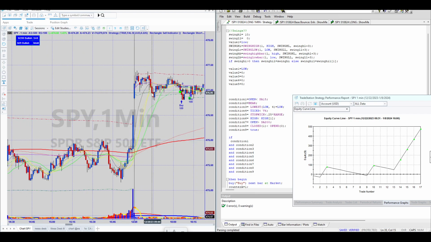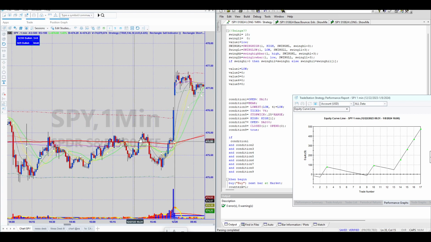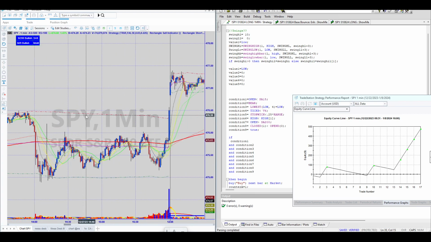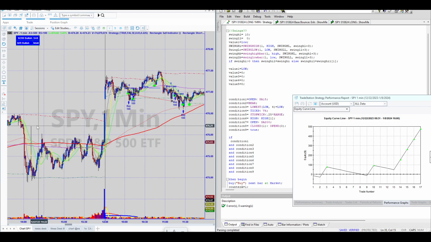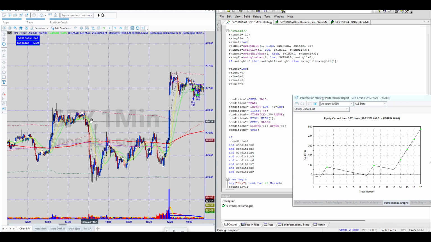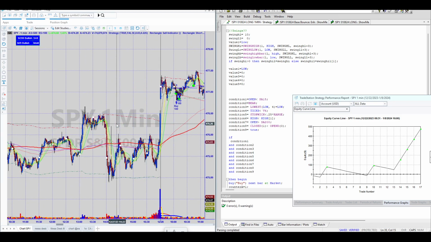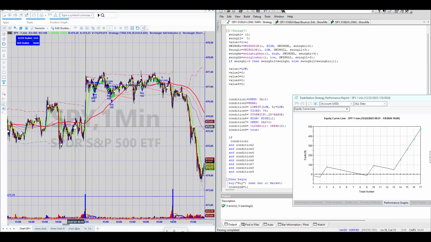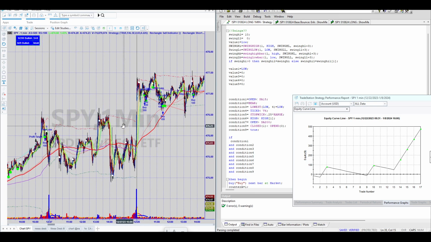I think most people would say that's too much of a gap up, right? I don't know what criteria I'd want to use to define that.